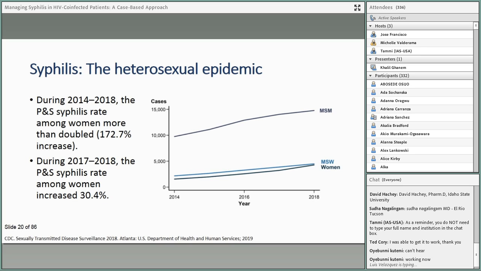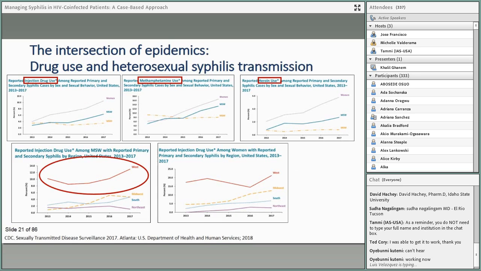Now, unfortunately, over the last 5 years, there is now a second epidemic that's occurring. So the MSM epidemic is occurring, and concomitantly, over the last 5 years, there is a second epidemic that's occurring, and that is the heterosexual epidemic. Unfortunately, among women, for example, between 2014 and 2018, there was an increase in primary and secondary syphilis of about 173%.